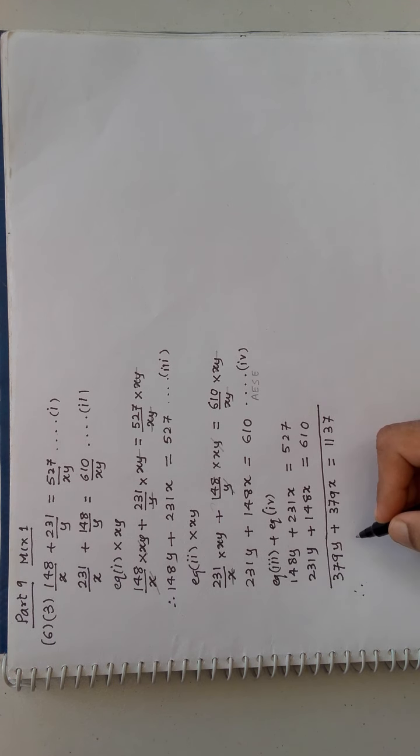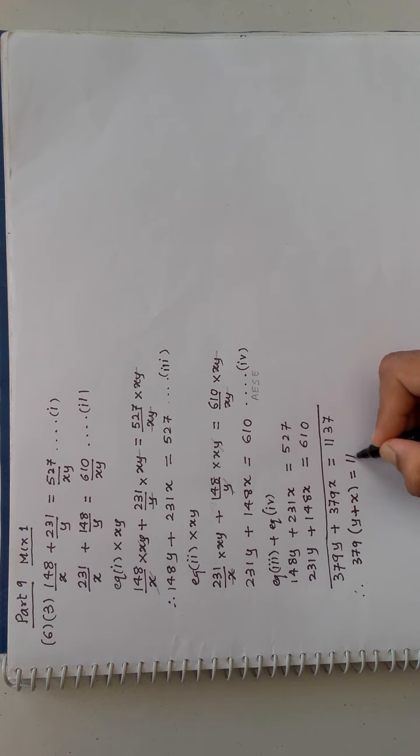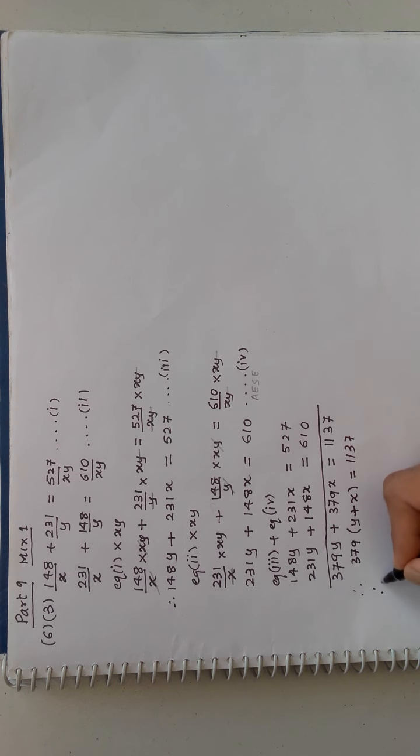After seeing such a big value, we get frightened. So better, you can very clearly see, as I told you yesterday, 379 is common. So let me take that common so that it becomes smaller. 379 into y plus x is equal to 1137. Between 379 and the bracket y plus x there is multiplication, and that will be brought over here to get y plus x as 1137 upon 379.